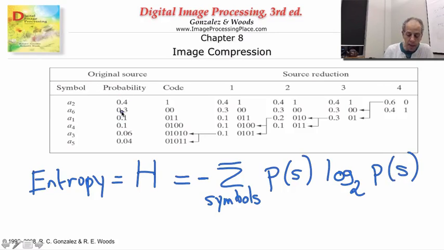So you basically sum 0.4 times log base 2 of 0.4 plus 0.3 times log base 2 of 0.3 and so on.